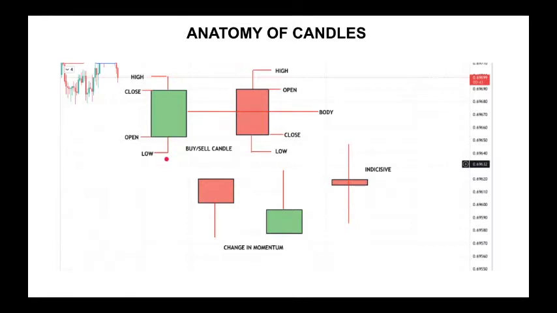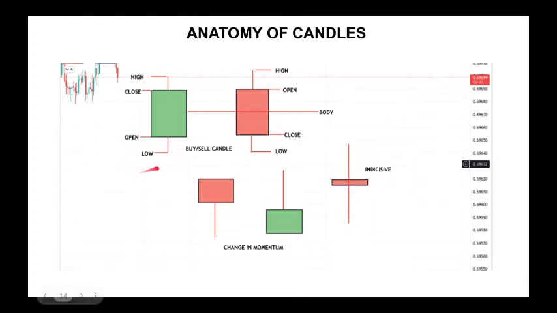Now, every regular candle has wicks. These little lines you see at the top of the candle or below the candle are considered wicks. So when price goes lower and still comes up, that lowest point is considered the low. Despite the fact that price actually closed at the high price, it also went low.